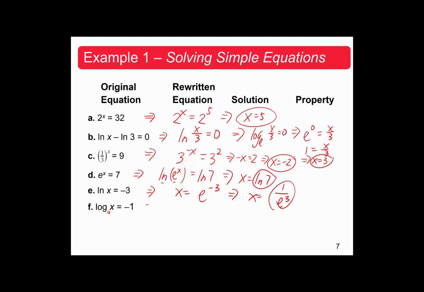Back to 10, so x equal 10 raised to the negative 1st power, and x equal to 1 over 10. Convert it back to the positive exponent. So here, this is base 3. So x equal to the base raised to the 4th power. 3 to the 4th power is 81. 9 times 9, 81.